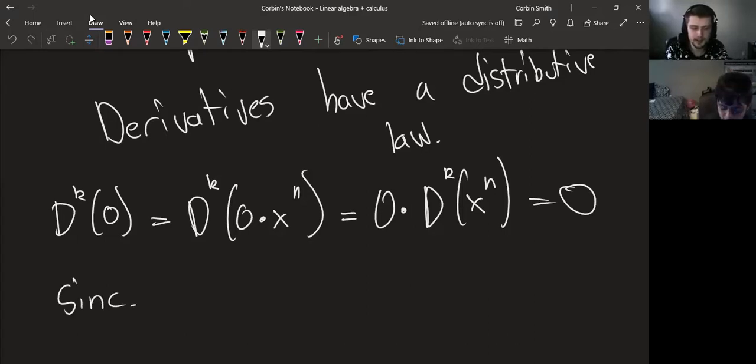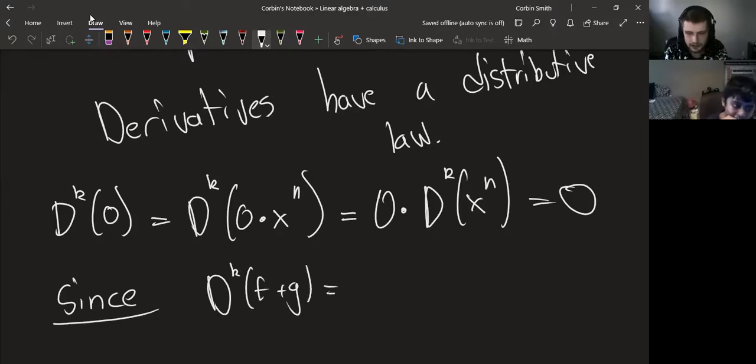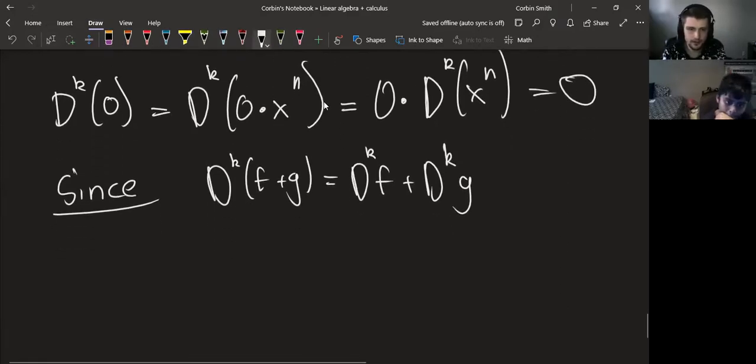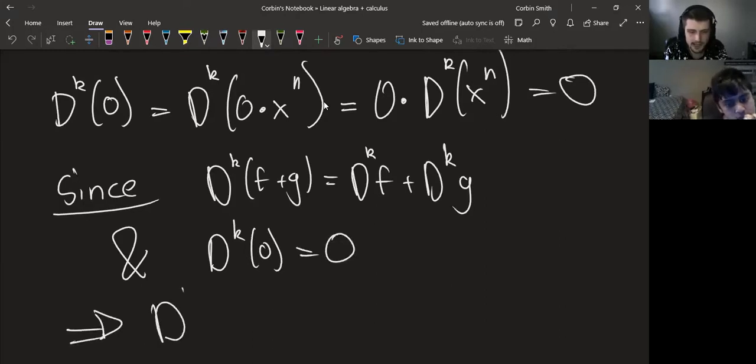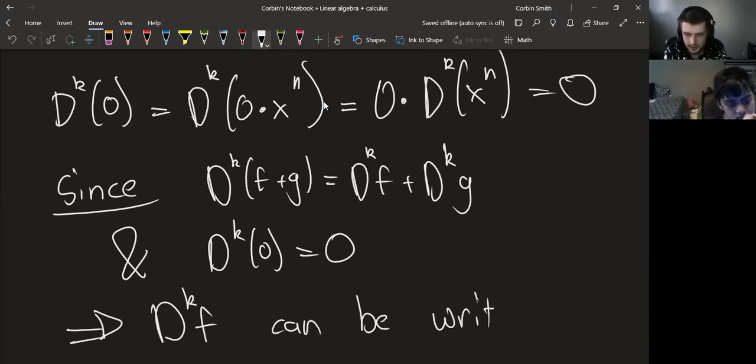So since we have that d^k of f plus g is equal to d^k of f plus d^k of g, and d^k of 0 is equal to 0, that means that d^k of f can be written as a matrix.